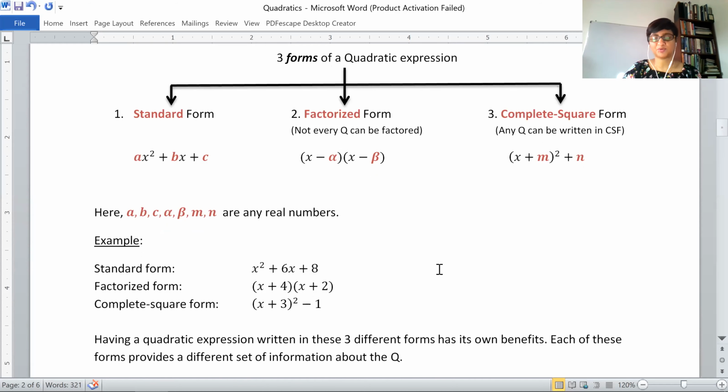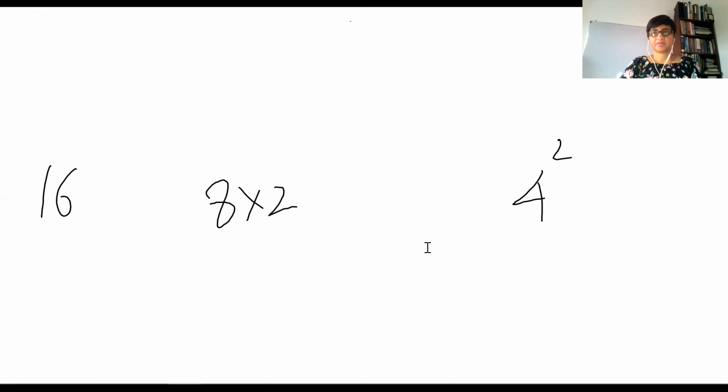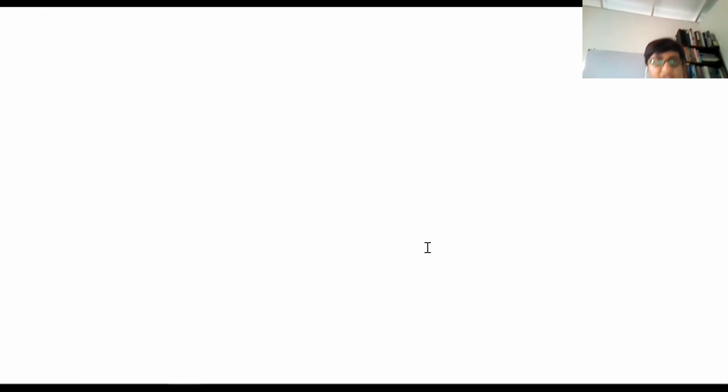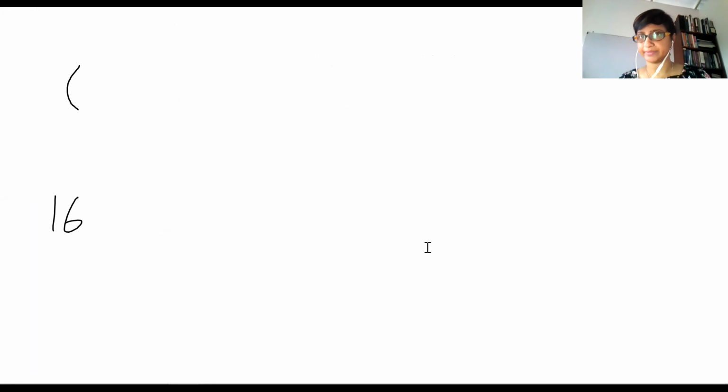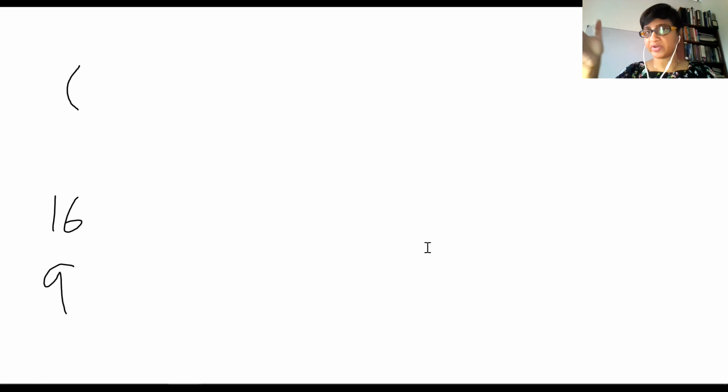All right, okay, Umasha. Let's see how we write a quadratic in complete square form. Now, let me clear this. Right, let me change this to this mode. In numbers, we saw that 16 is already a complete square. 9 is already a complete square.